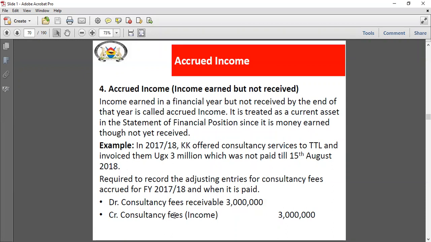We shall not credit our consultancy fees anymore because we already recognized it at this level. At that point in time, what we shall just do, we shall debit our cash and credit our consultancy fees receivable to remove this 3 million. And that is what we just did in the next slide here. You get it?